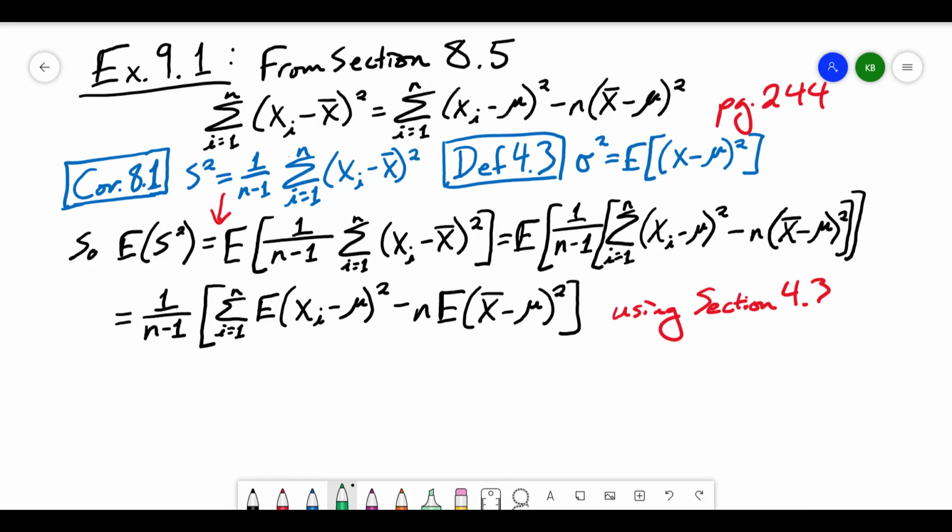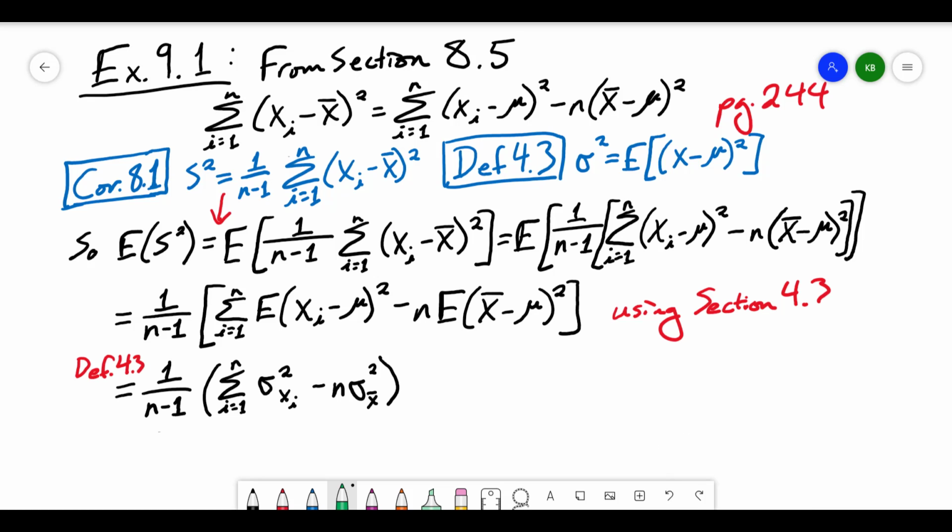So now, if we take a look at definition 4.3, we have some things that look a little bit like that population variance. So using definition 4.3, we get to rewrite this as 1 over n minus 1 times the sum of our variance of our xi minus n times the variance of our mean.